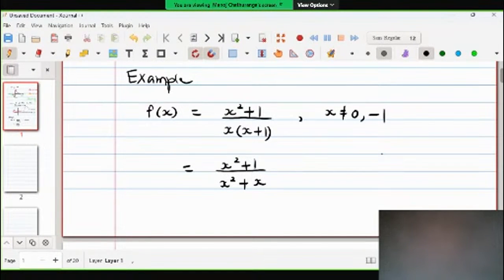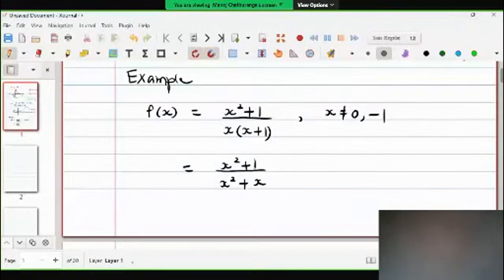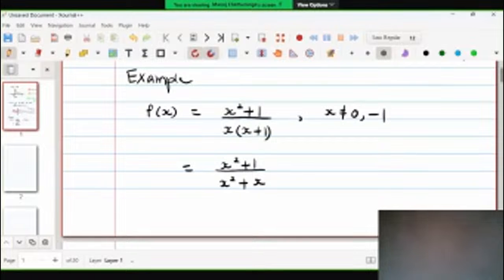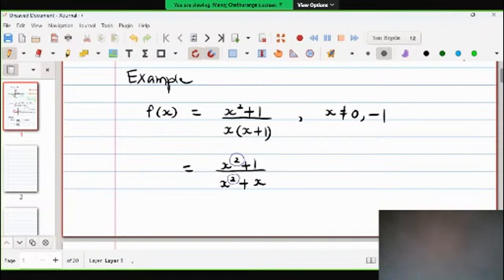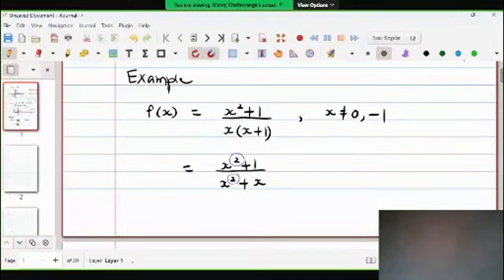When you have a rational function like this, the first thing you need to check is the degrees of the polynomials in the numerator and the denominator. Here it is 2 and again 2, the same degrees in both. This one has a horizontal asymptote.